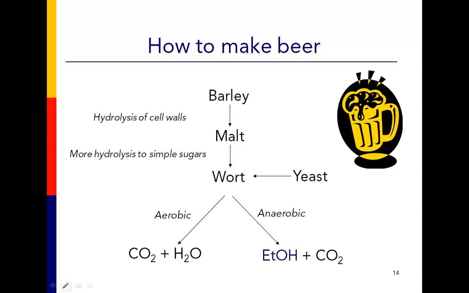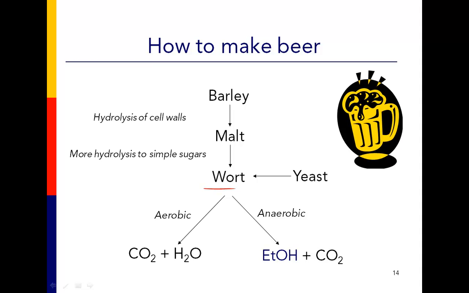If you think about an enzyme lab, you don't want to bake the enzyme. You have to break down some of the parts of the cell without denaturing the protein at high temperatures. Once you have this mixture of simple sugars, you add the yeast.